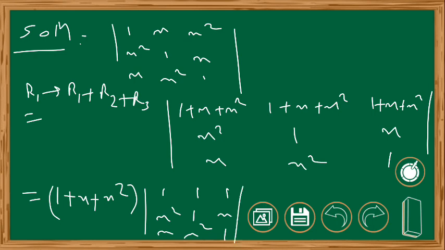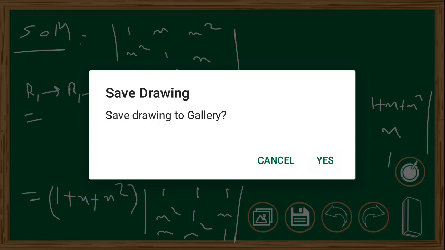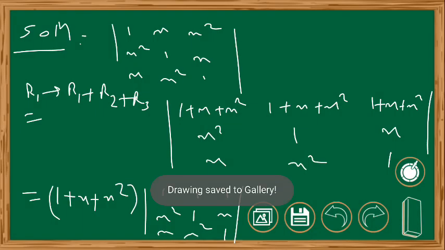So let me save this one. Please have a look once again. Now I will try to make as many zeros as possible. So let us move to the next page.